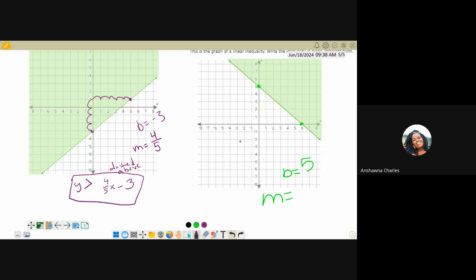So we are going down. We're counting 1, 2, 3, 4, 5. So that's -5 over 1, 2, 3, 4, 5, 6. So -5 over 6.